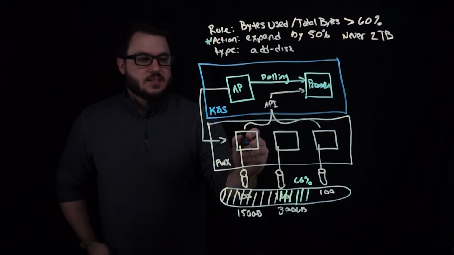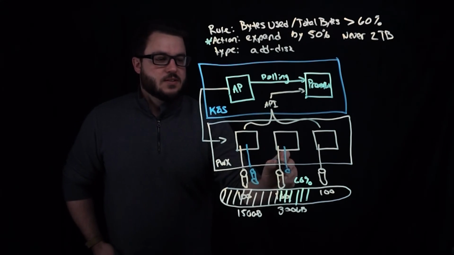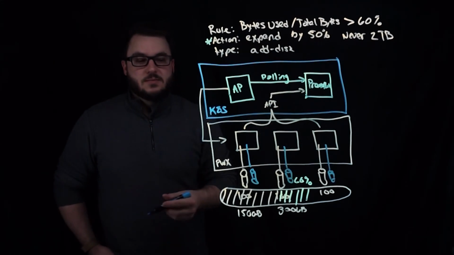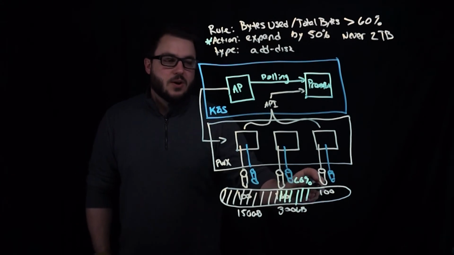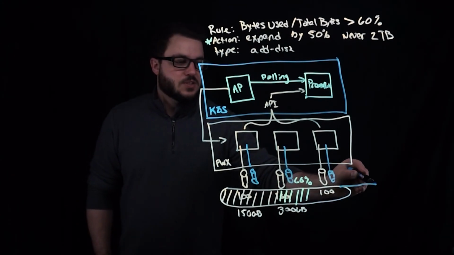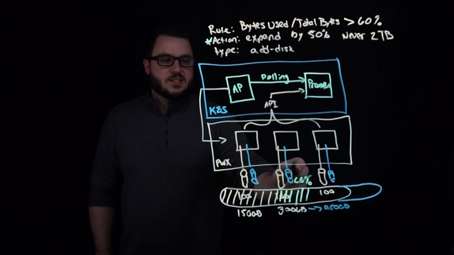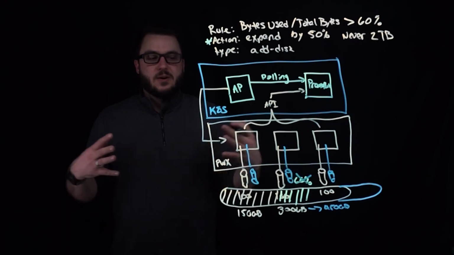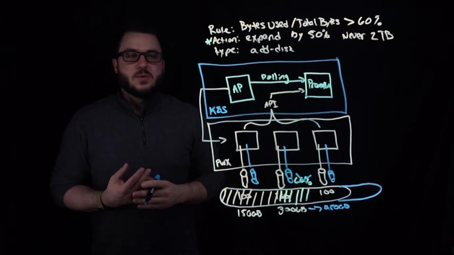So because it is a type of add disk, it'll grow your pool by, remember, 50%, which in this case, 50% of 300 is 150. So it'll now grow to 450 gigabytes. And so this percentage now is lower because Portworx automatically grew this pool. Now we're actually using under 60%. That rule still stays in place in case you use more storage down the road.